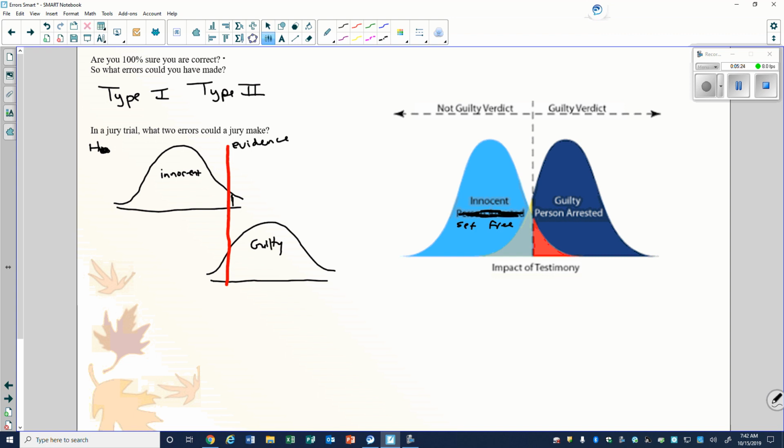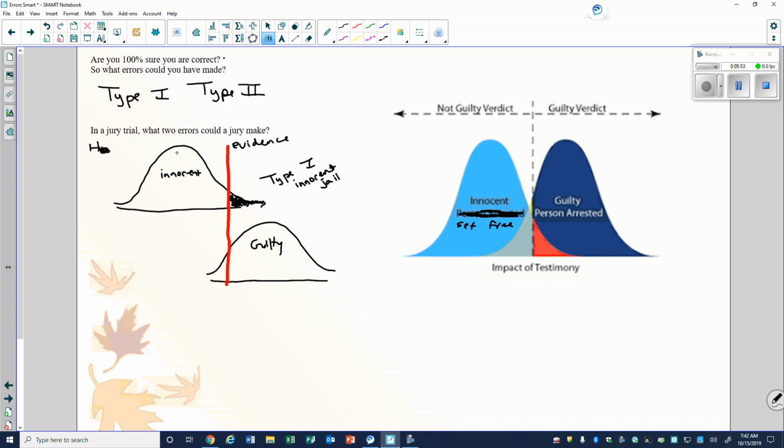But this little part of the curve up here, whatever's left after that, since this curve does not end, is called a type 1 error. This is associated with the innocent person. However, if I get this much evidence, I'm going to say that they're guilty. So the first mistake that I could make, that type 1, would be taking this innocent person and putting them in jail. That's a mistake.